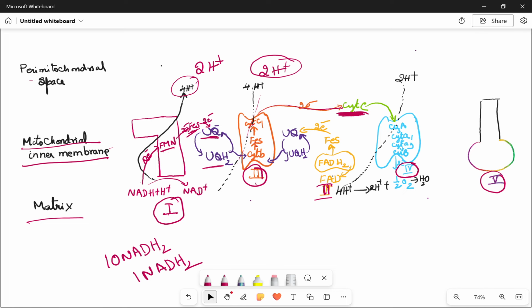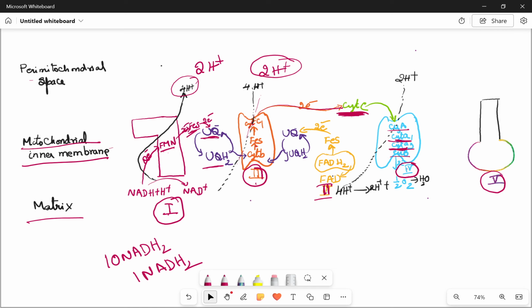From cytochrome C, these electrons are passed to the fourth complex. What is the fourth complex? Cytochrome oxidase. What are the components present in it? Cytochrome A1 and cytochrome A3.